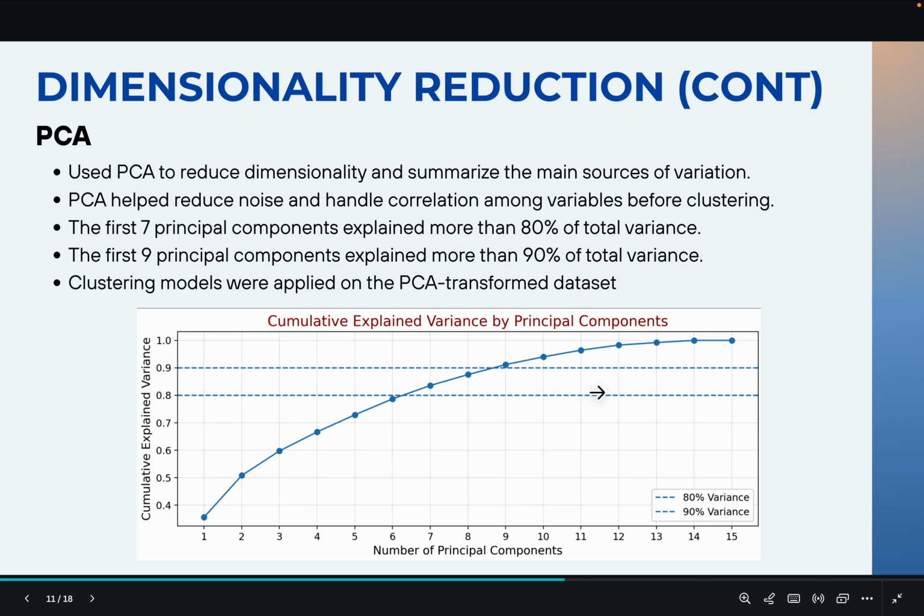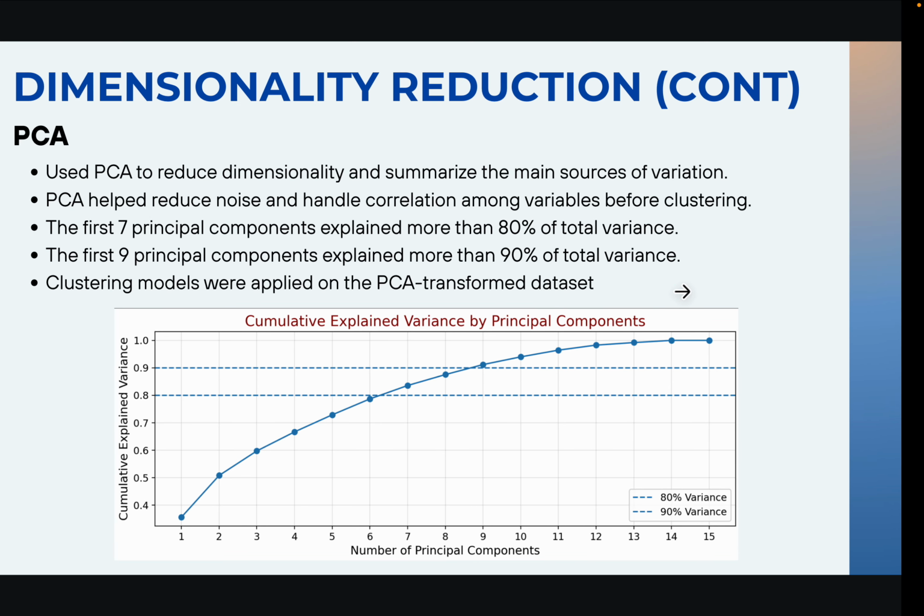The first 7 principal components explain more than 80% of the total variance, and the first 9 PCs explain more than 90%. So this means that PCA kept most of the important information while reducing complexity, and the clustering models were then applied to the PCA-transformed dataset.